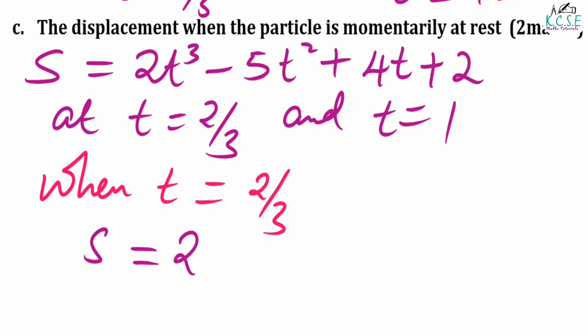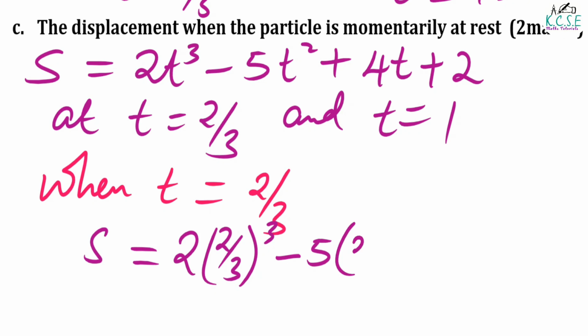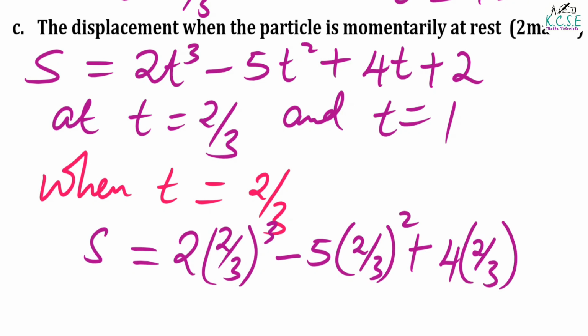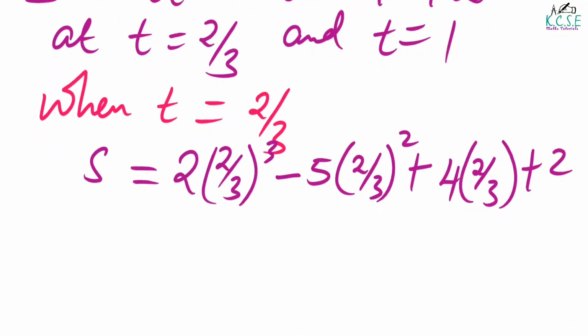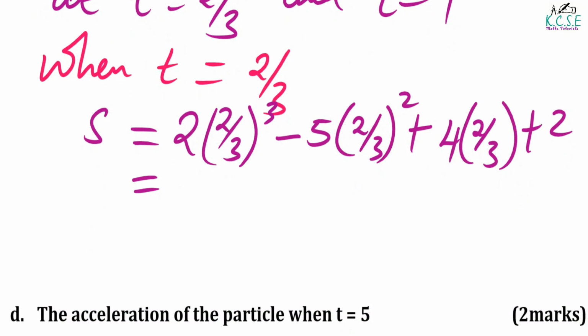So s equals 2/3 cubed minus 5 times 2/3 squared plus 4 times 2/3 plus 2. When we work that out, this is what you're supposed to get.